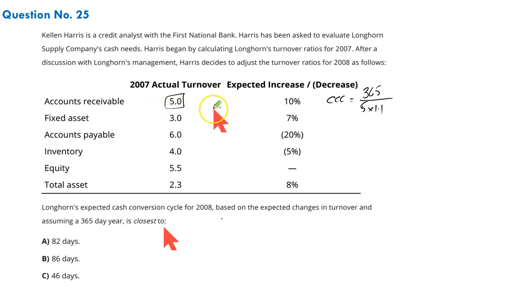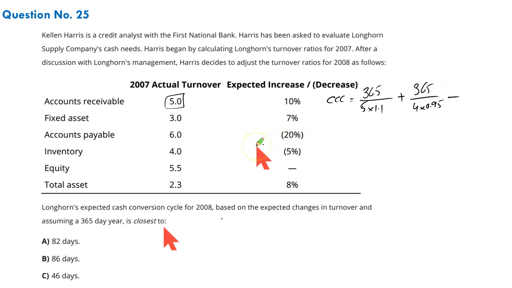This will increase account receivable turnover by 10%. Simple. Plus, what about the next one? Inventory turnover in days. It has fallen by 5%. So it's going to be 365 by 4, but 4 has fallen by 5%. So we can just multiply this with 0.95. Save your time, get your result.